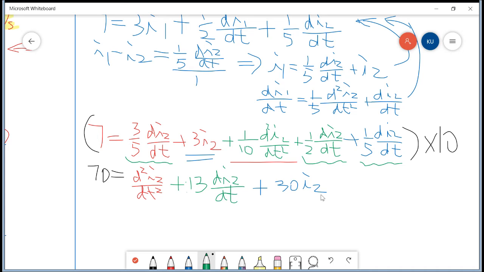And so first we would try to solve for the characteristic equation. s squared plus 13s plus 30 to be 0. So s will be minus 3, minus 10.